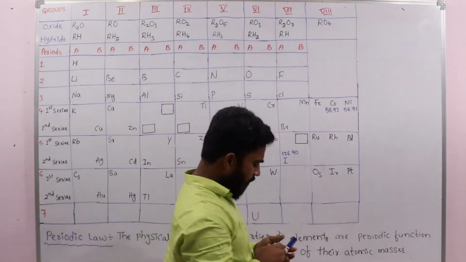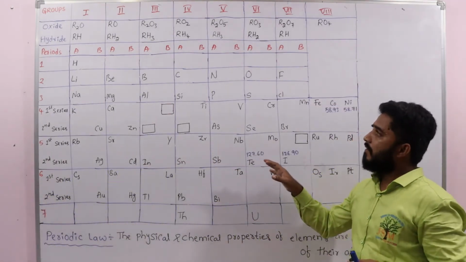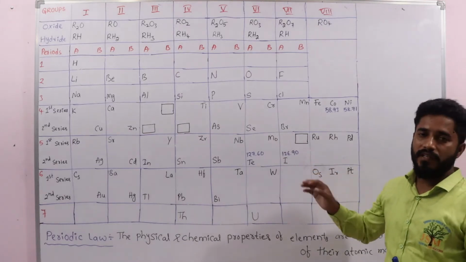So this is the original Mendeleev's periodic table.